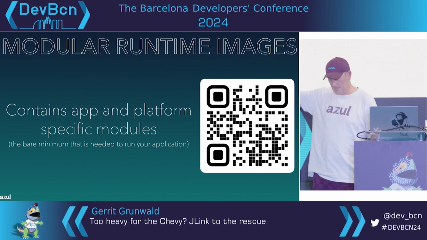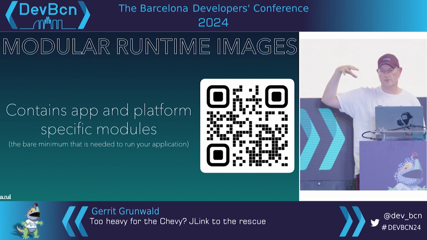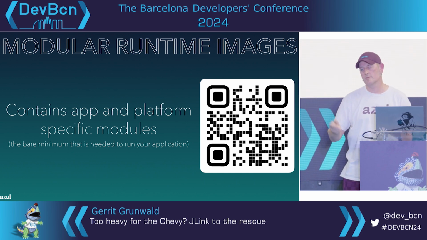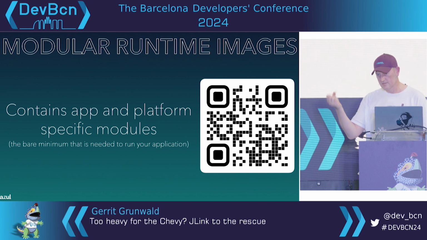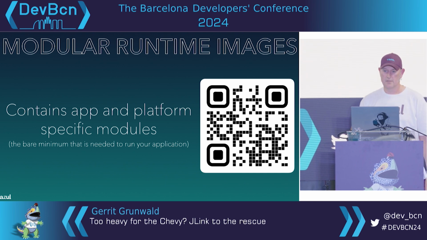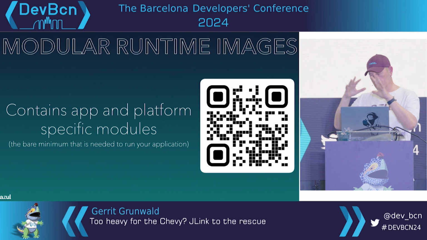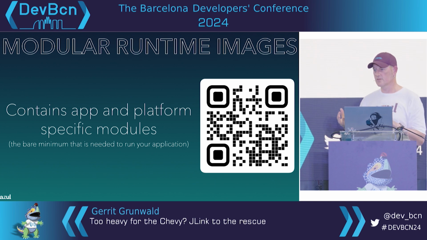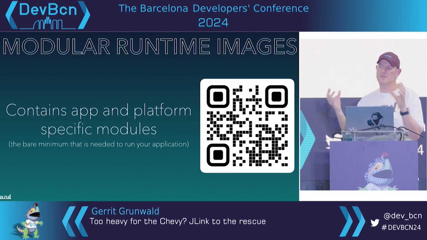So this is the idea behind this JEP, to create a runtime image that is tailored to your application, to slim it down. With JDK 9, the idea of the whole modular JDK was not really to make it harder for you guys, but to slim down the JDK, because you don't need all the modules for your application.